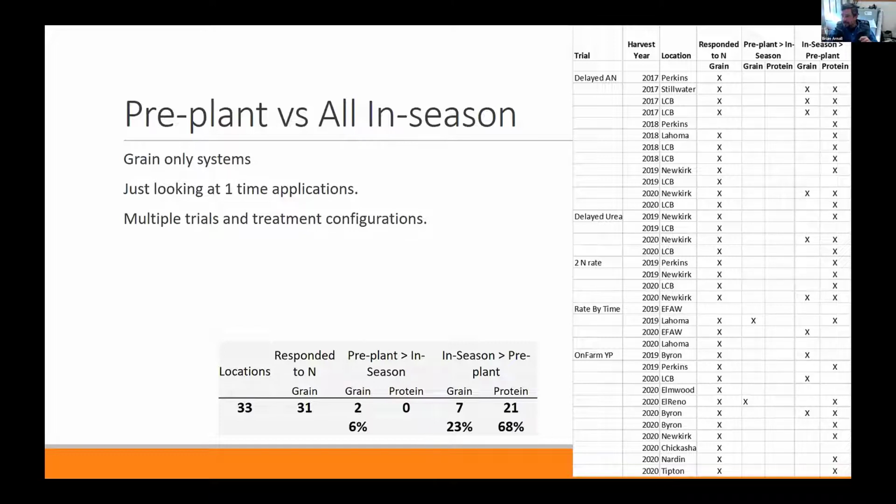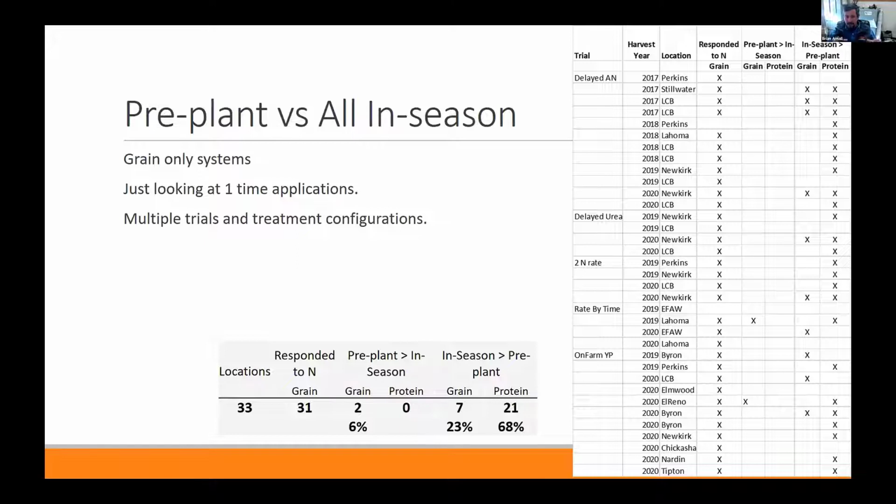So if we start looking at this, am I really going to do better on yield all the time if I wait? No. But you've got a 25% chance, if you're waiting on nitrogen, of having a better yield. So that's better than your 6% chance. So grain yield, I'm a bit of a wash.